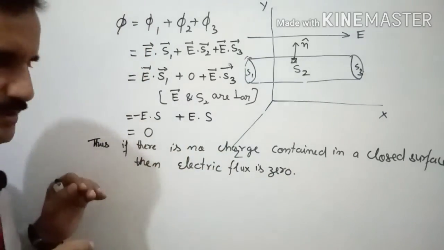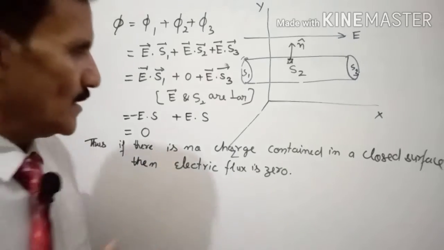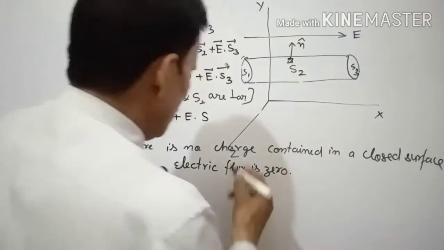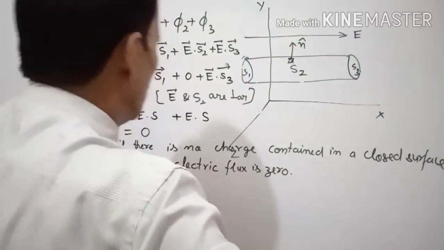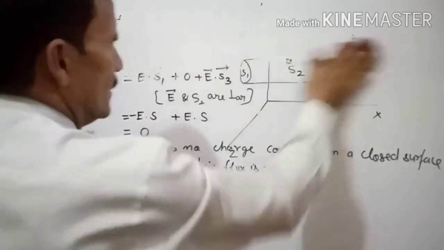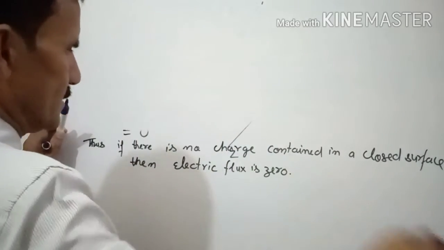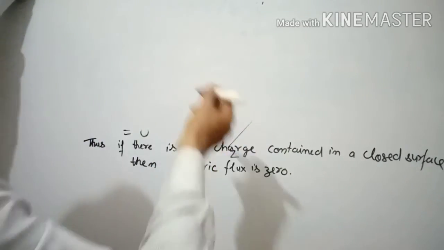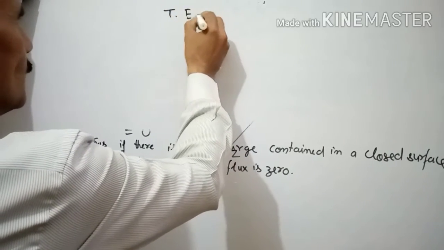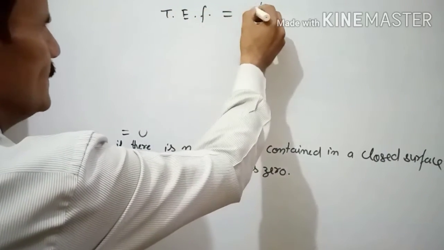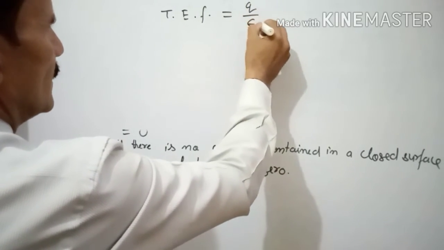You have calculated. Now it verifies the Gauss law. According to Gauss law, let us see how it verifies the Gauss law. Total electric flux was defined as Q upon epsilon naught.